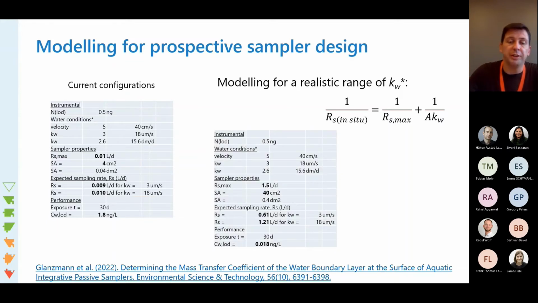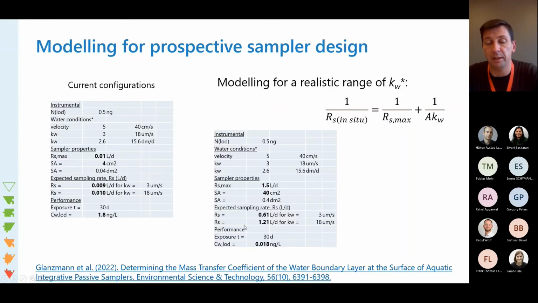If we, for example, wanted to decrease this LOD to about 20 picogram per liter for this 30-day exposure, we could try to have something with an RS max of 1.5 liter per day, so a much higher sampling rate of the device itself. But then in these conditions, if we are sampling a stagnant water body, we'd have a sampling rate of 0.6 liter per day.